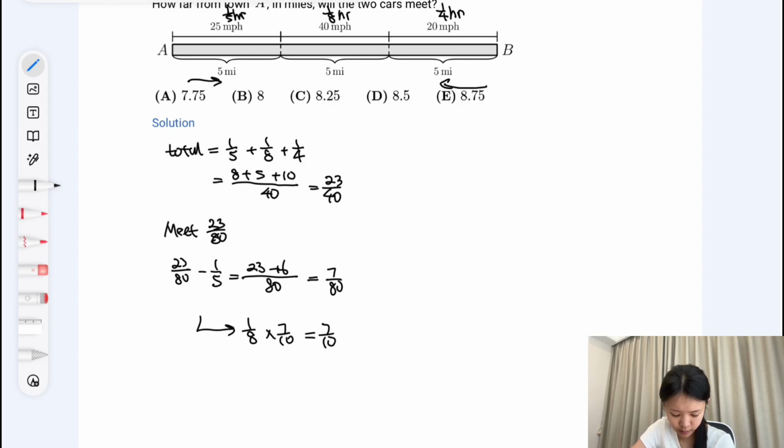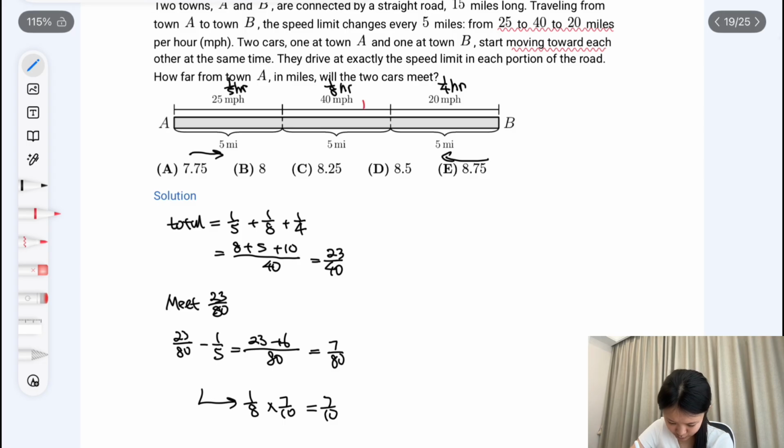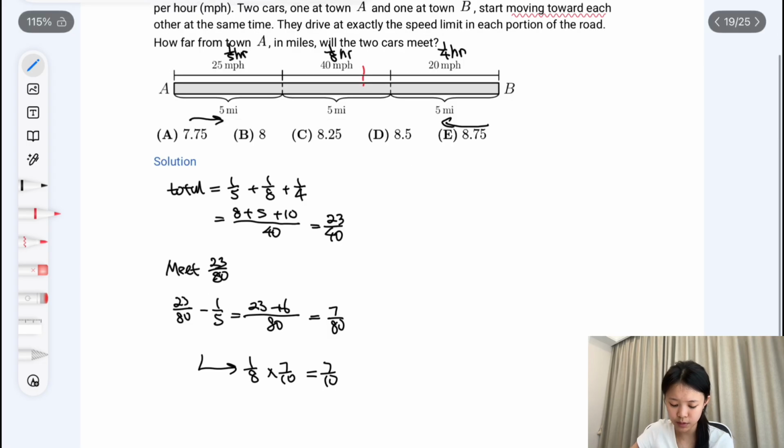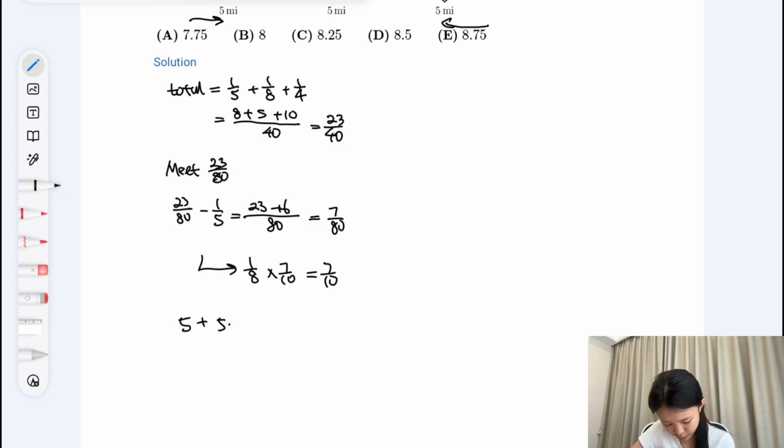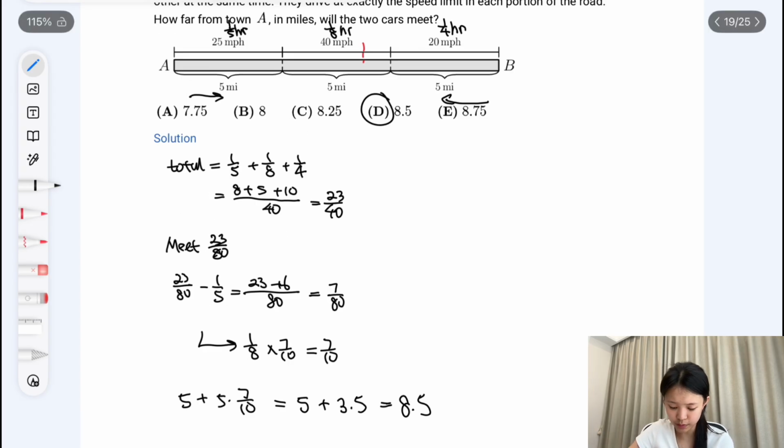So therefore, it is traveling around 70% of section B. So we just have to find out what is 70% of 5, and then add that to the existing length of section A that was traversed. So that is equal to 5 plus 5 times 7/10, which equals 5 plus 3.5, which is 8.5. And so the answer is D, which is 8.5.